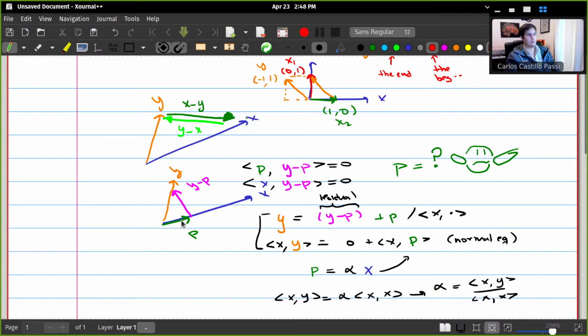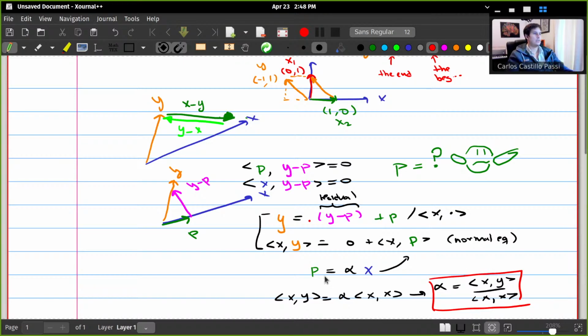Then, because p is the orthogonal projection, we can write it as a scaling of the vector x. This is a scaling of the vector x. And if we substitute here, we obtain that the coefficient is this one.